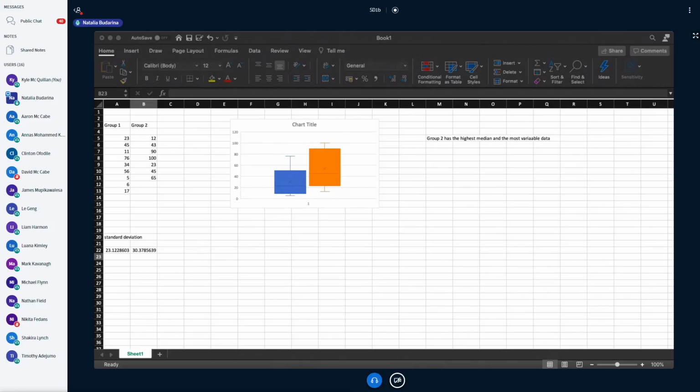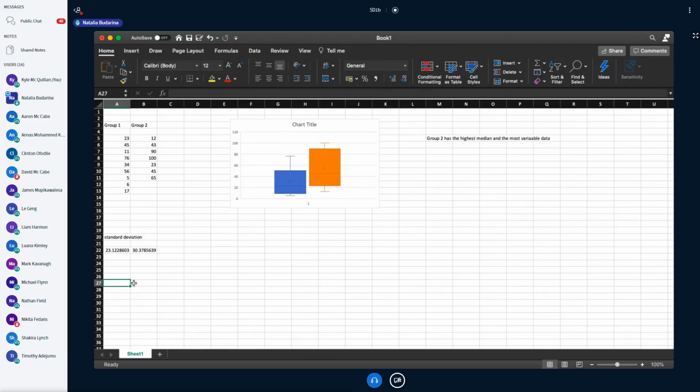Now we're going to question 1, and again we are going to calculate Q1, Q2, Q3, and so on. For question 1, what do we need to do? Construct a box plot.